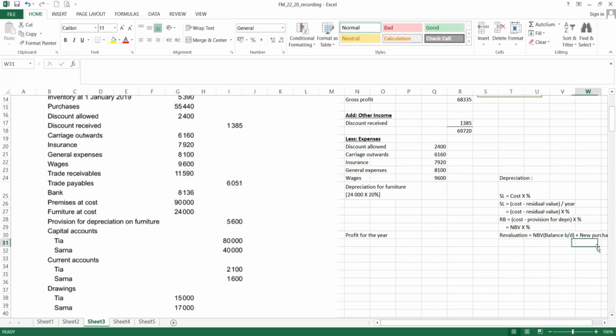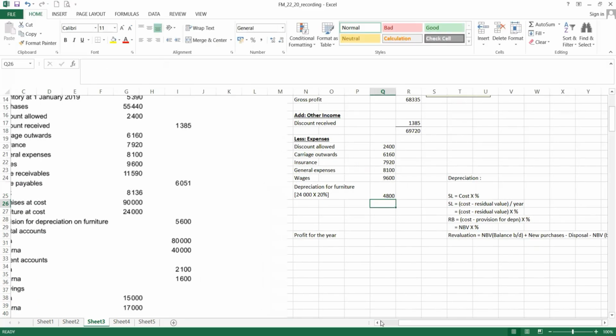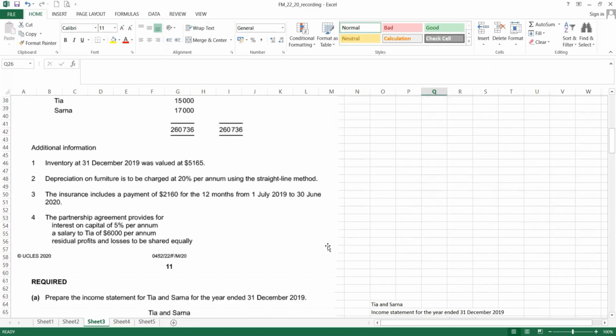So this is the formula to calculate the depreciation. Three ways to calculate: straight line, reducing, revaluation. But this question asks for the straight line. So we take 24,000 times 20%, which is 4,800. Okay, see what other adjustments need to be made.